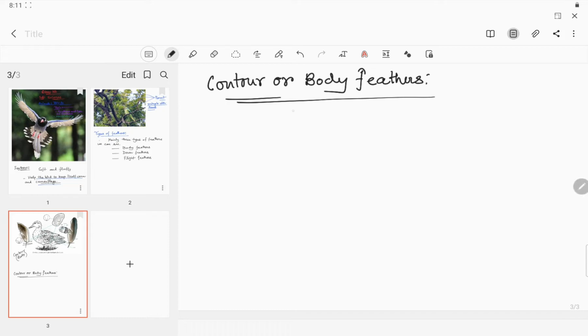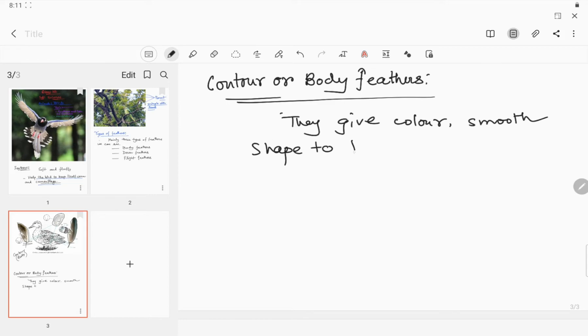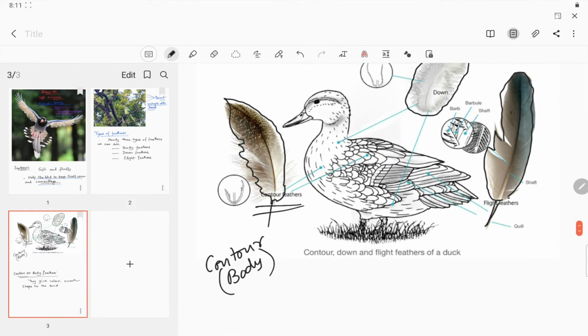So the basic feature is that they give color and smooth shape to the bird.